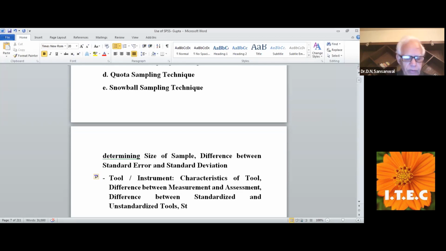Then I'll tell you the steps of development of tool, steps of development and standardization of tool.